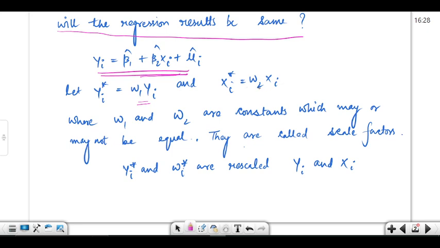We have increased the scale of yi by w1 and of xi by w2, where w1 and w2 are constants which may or may not be equal. w1 might be equal to w2 or it might not be, so both cases are possible.